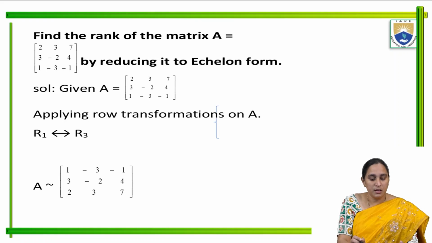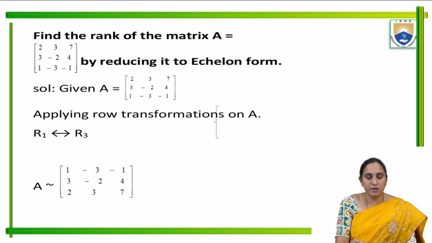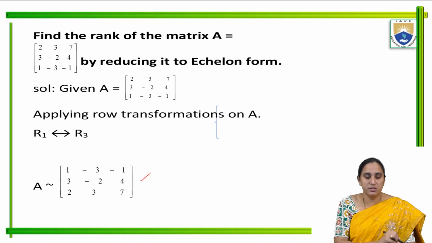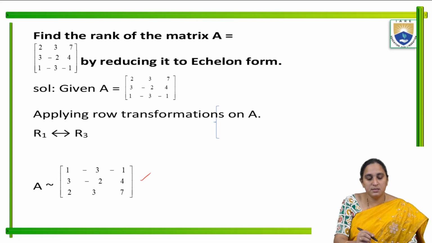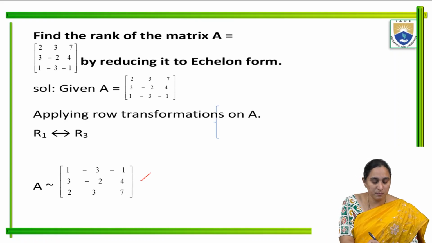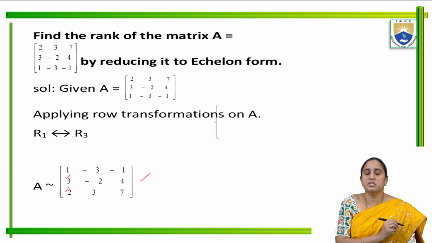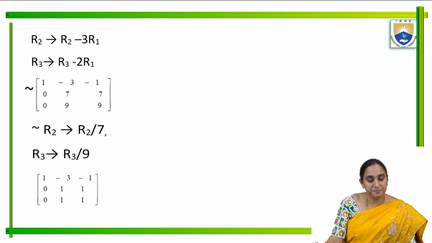For that, I'm interchanging the rows, that is R1 to R3. After interchanging, this is the matrix. Again, this is a square matrix. For that, I'm reducing 3 and 2 to zeros with respect to the R1 first element. For that, R2 tends to R2 minus 3R1, and the next row, R3 tends to R3 minus 2R1.